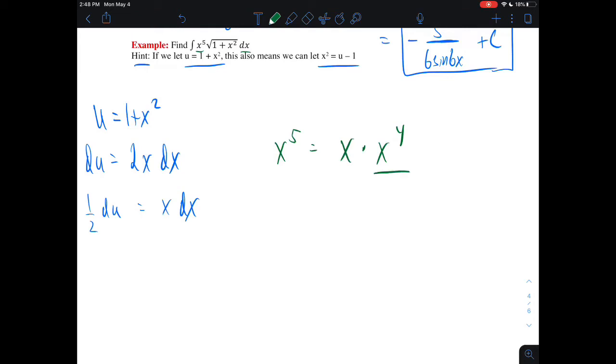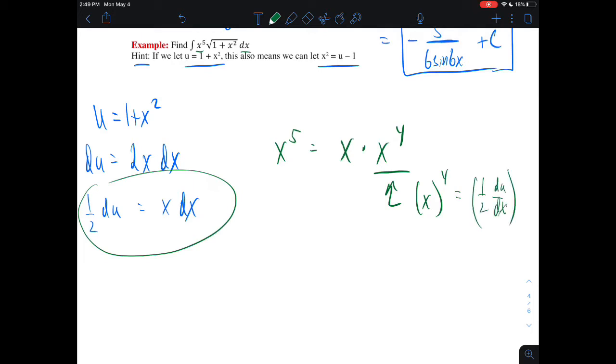with. You might ask, well, couldn't I just say that this is the same thing as x to the 4th, and maybe I could manipulate this and say that x is equal to 1/2 du dx, and I could raise that to the 4th, and then that would become 1/2 to the 4th is 1/16, and then I'd have du to the 4th and dx to the 4th.